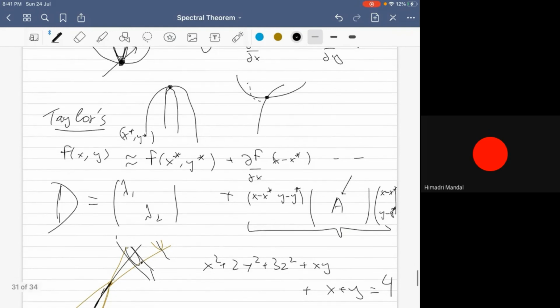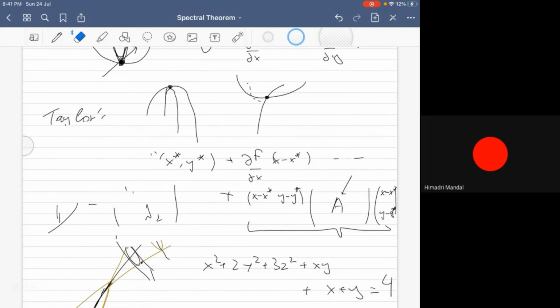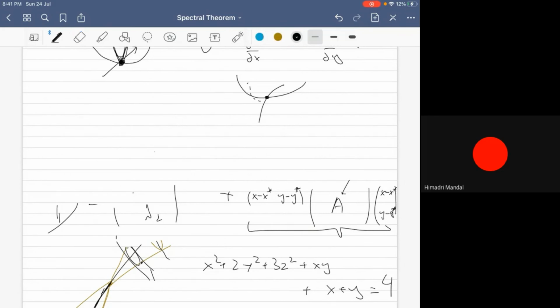And in general, whenever we have some quadratic form, let's say in 2 variables, where A is a symmetric matrix, then if we want to understand this quadratic form, as in deduce properties about it, the spectral theorem comes in handy, and we have this up to a change of basis.